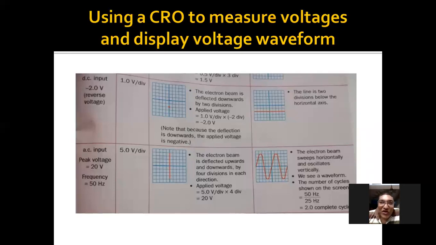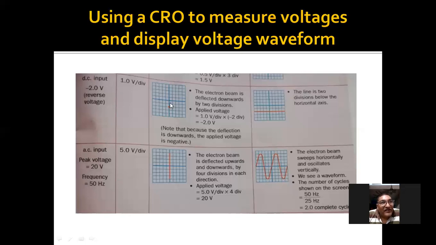When you switch on the CRO and the time base is off, on the CRO screen you will see a dot, and that dot will be 2 steps below the mean position. Because it's negative, it's on the negative side, below the mean position, and because it's DC, it will be represented with a dot since the time base is off. One square represents 1 volt, so it's 2 volts.